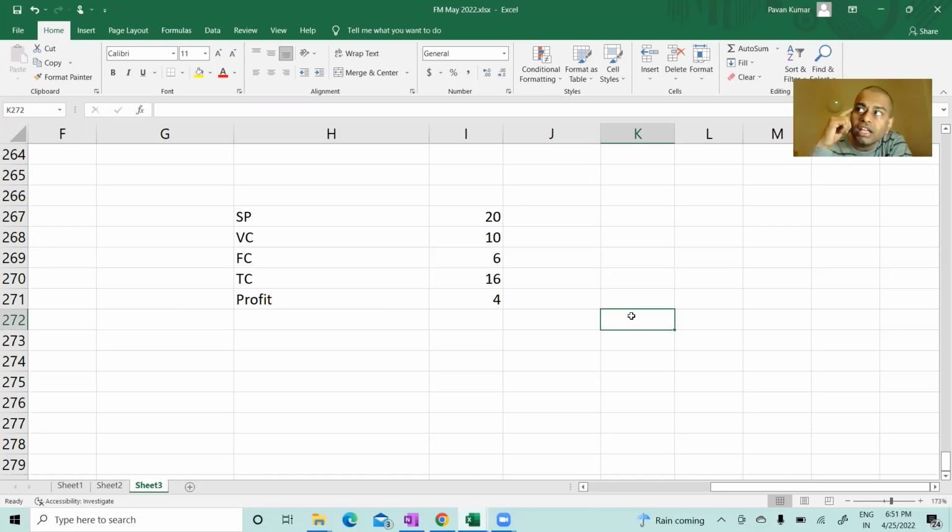Now in your mind, you're thinking, if I take 15 and if I do the haircut for this guy, my variable cost will be only 10. So still I will have 5 more pounds with which I can go to McD and buy a meal.